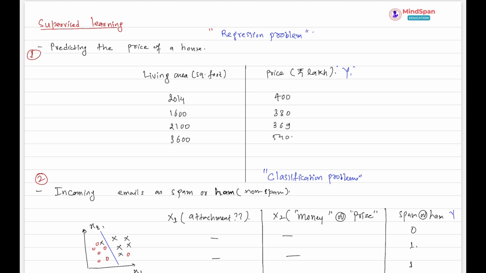Yesterday we also talked about how, within supervised learning, depending upon the value y takes, we have the regression problem. In a regression problem, y takes any reasonable real number value. That kind of problem falls under regression.